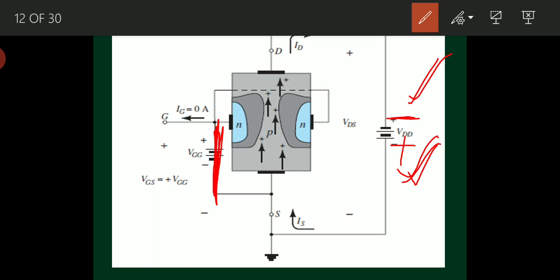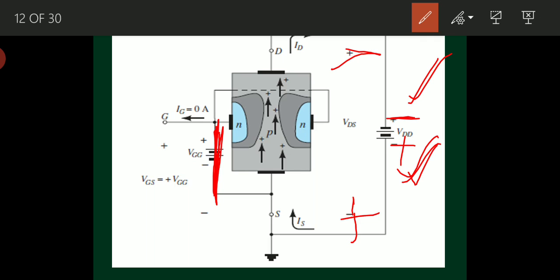Right, this is positive and this is negative. The current at the drain is ID and the current at the source is IS. IS represents source current and ID represents drain current. The gate current is 0. That's why IS equals ID.